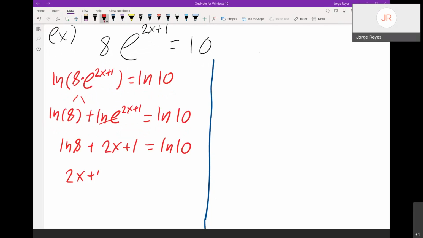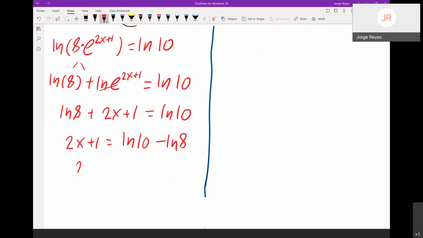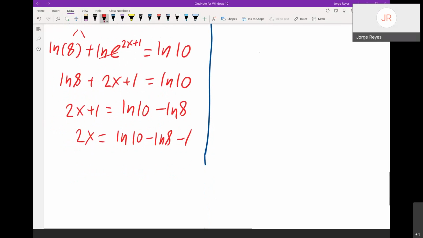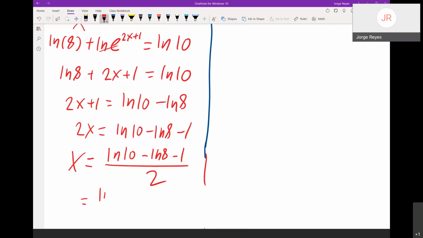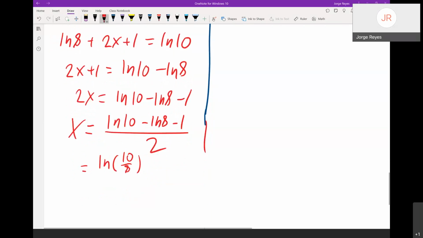So 2x plus 1 equals natural log 10 minus natural log 8. 2x equals natural log 10 minus natural log 8 minus 1. X equals this thing. Ta-da! Right? And at any moment, again, I just want to emphasize, at any moment you could have done this if you really wanted to. And this will be the answer. That's fine. Okay.